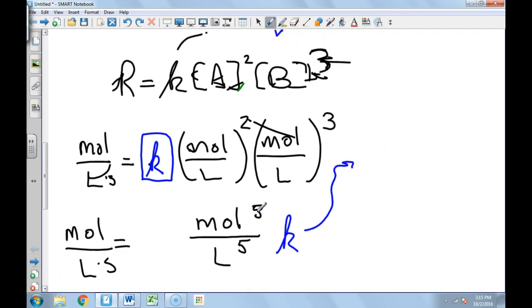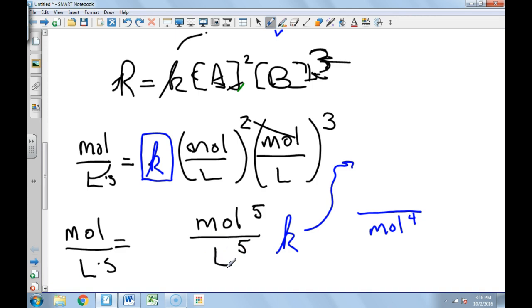So here we go. How many moles do we have here? We have moles to the 5th. So we need to cancel out somehow moles to the 5th. If we put that on the bottom, moles cancel out because top and bottom cancel out. But we only want to cancel out 4 of the 5 because we need to keep 1 mole, since there's 1 mole here. Now we do the same thing with liters. How many liters do we want to keep?